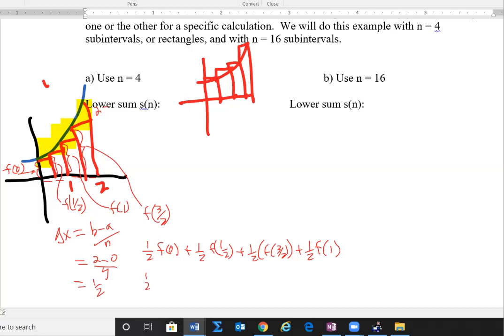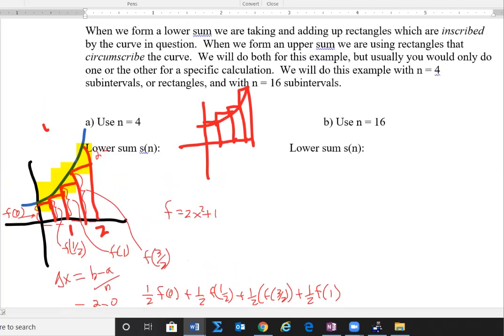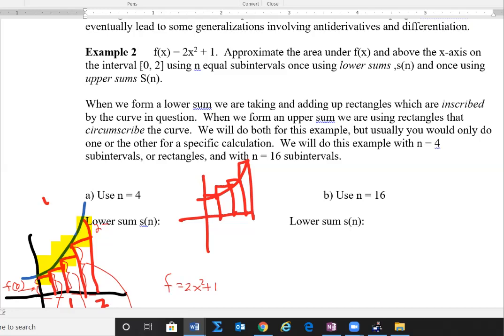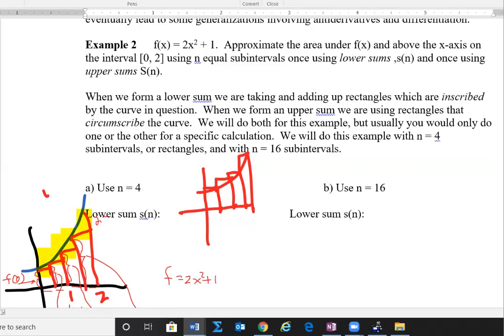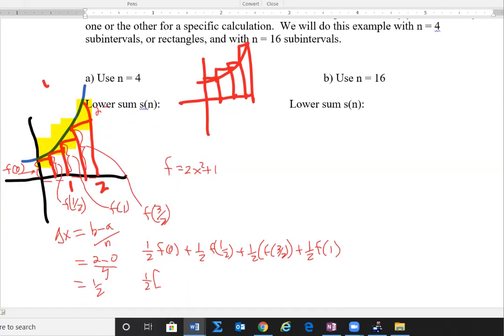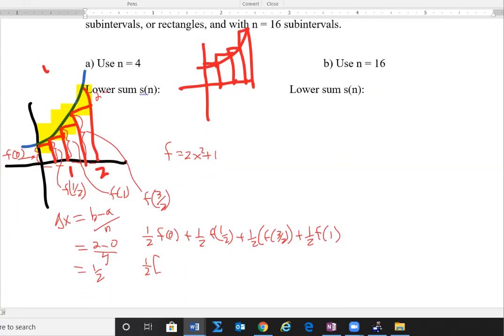Notice this is a half times these different numbers. Remember f of x equals, what was it? 2x squared plus 1, right? That's what f of x was. Let's make sure of that. Yeah, 2x squared plus 1. Now it's just a matter of getting these numbers in here. And you can see how this could easily be done on a calculator.